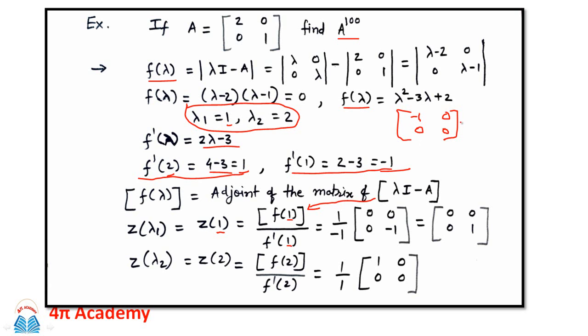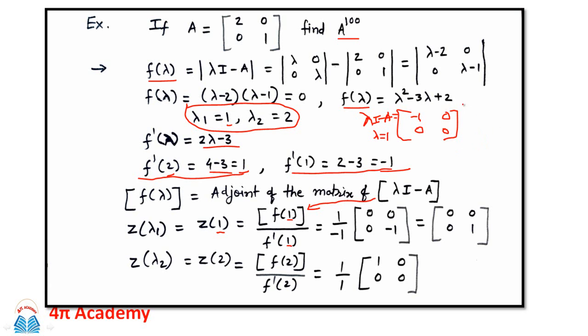Then you need to find the adjoint of this matrix. This is our matrix lambda I minus A for the value of lambda as 1, and you know how to find the adjoint of a 2 by 2 matrix.